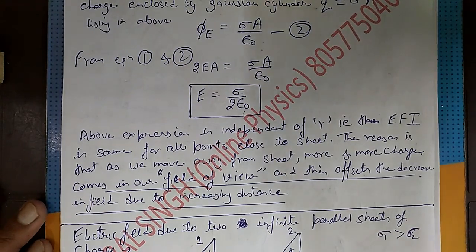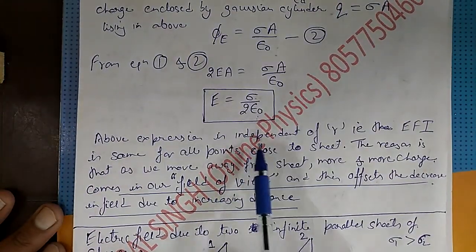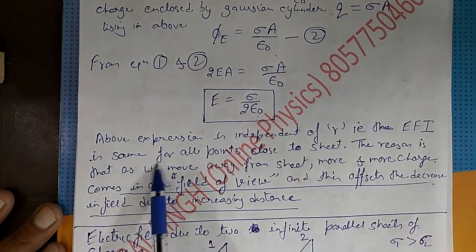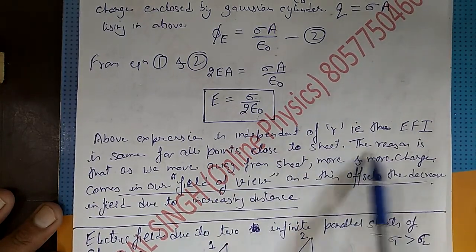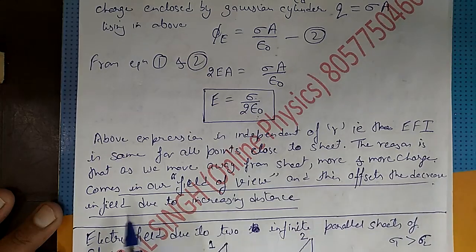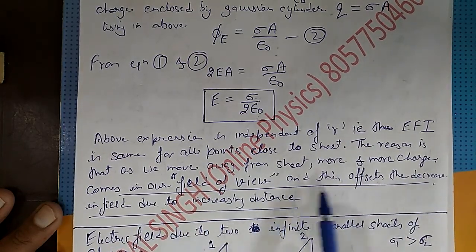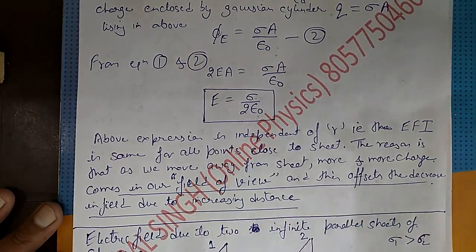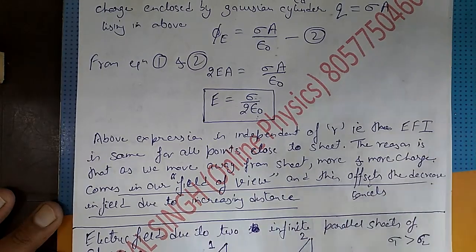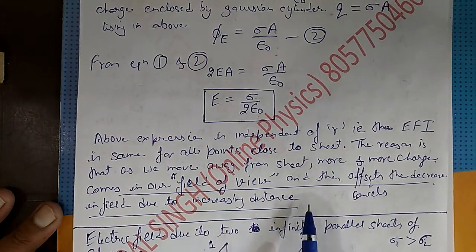Above expression is independent of small r, that is, the electric field intensity is the same for all points lying close to the sheet. The reason is that as we move away from the sheet, and this you have to remember, more and more charge comes in our field of view, and this offsets, offsets means cancels, the decrease in field due to increasing distance.